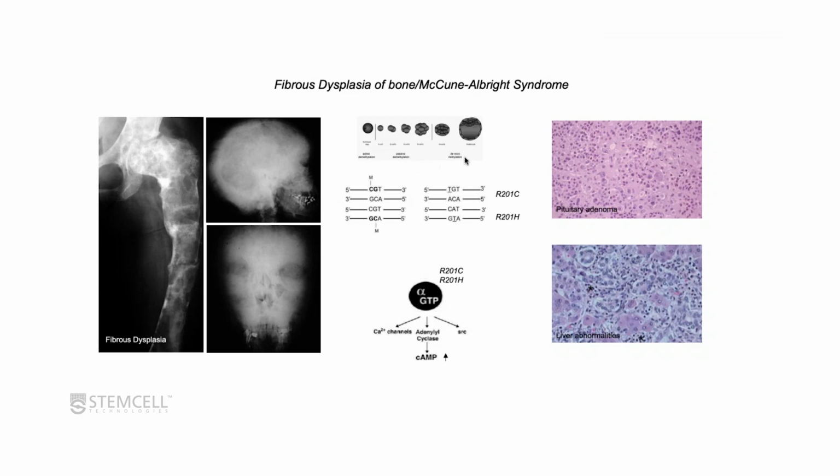These mutations occur during embryonic development, likely due to an abnormal methylation process, and thus they generate a somatic mosaicism. And they are gain-of-function mutations, and thus they induce an abnormal increase of intracellular cyclic AMP in mutated cells.